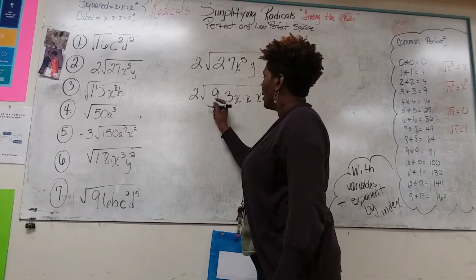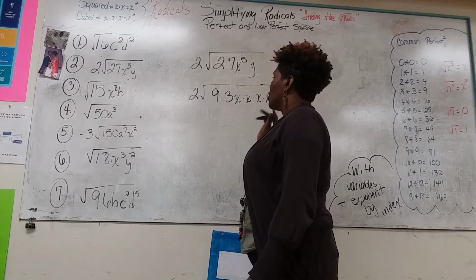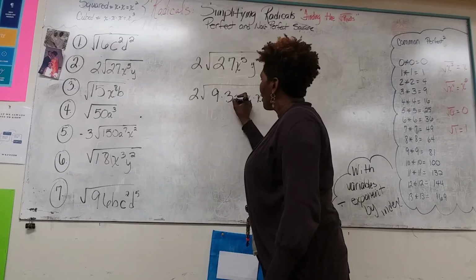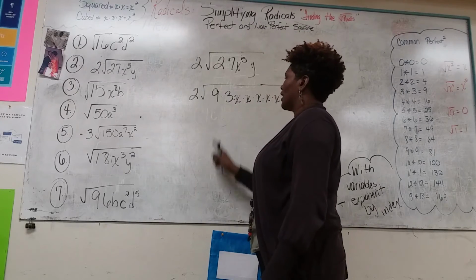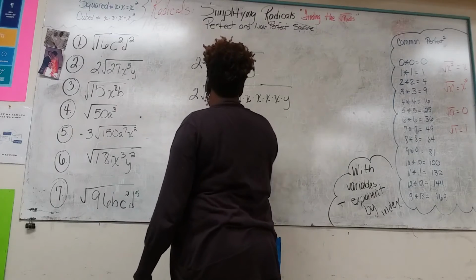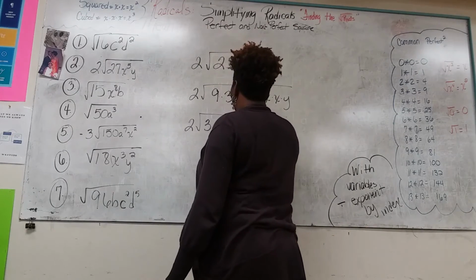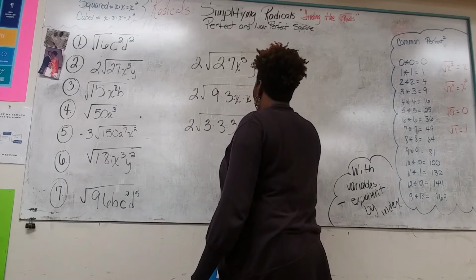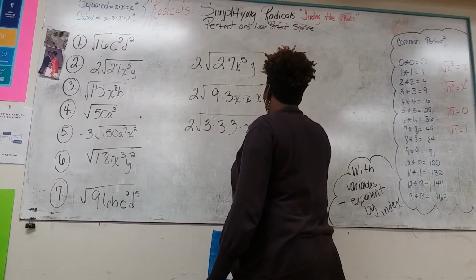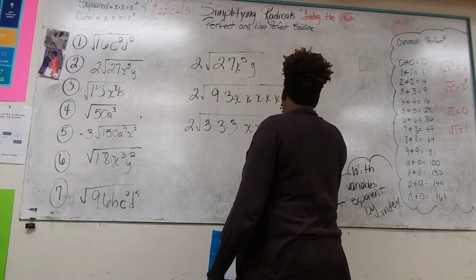So, I know that 9 is a perfect square, with 3. So 9 is like saying 3 times 3. We already had that 3. Write out all these x's. And don't forget your y.